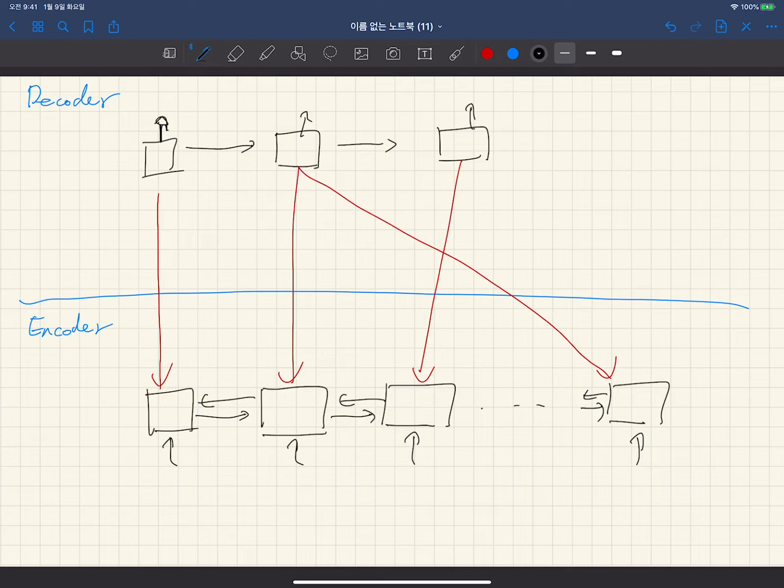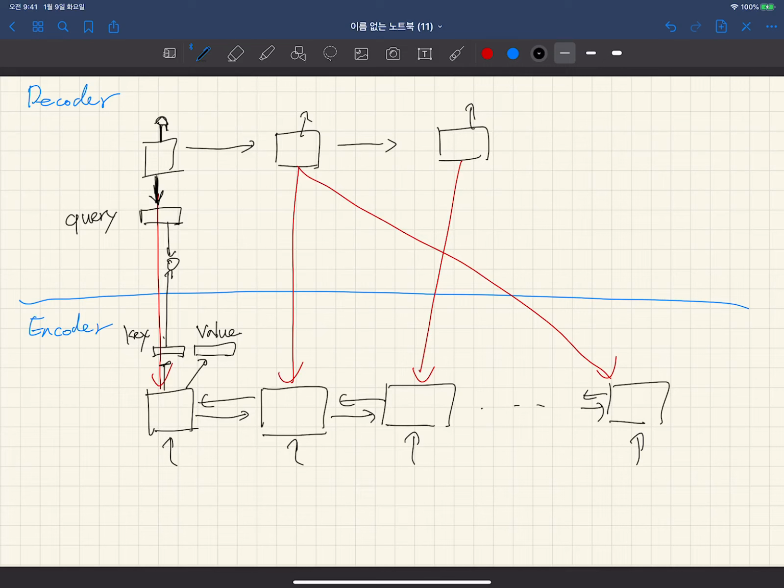So basically, each time we can generate some query vector. And each encoder position generates two vectors called key and value. Based on the query and the key, you can measure the similarity or importance of the input.